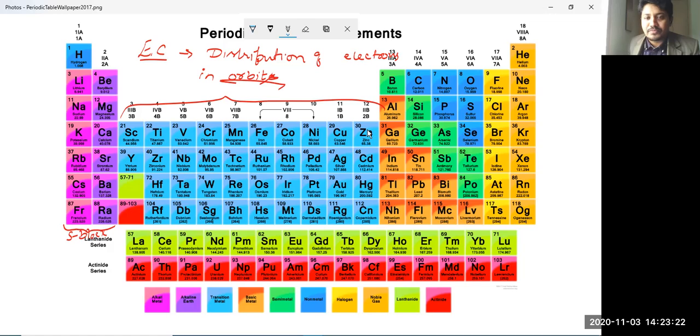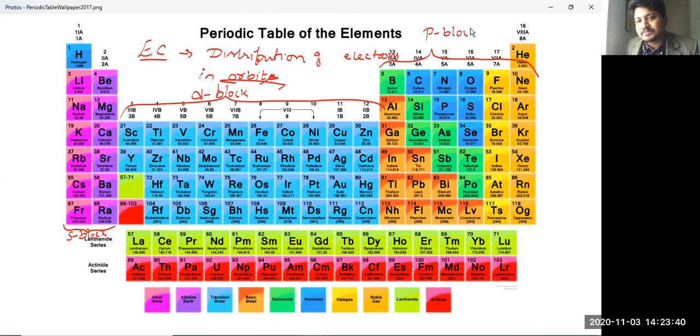Group 3 to group 12 we call transition elements, and also D block elements. Here 13 to 18 we call P block elements. And these two, the inner transition elements, the lanthanide series and actinide series, we call F block elements.